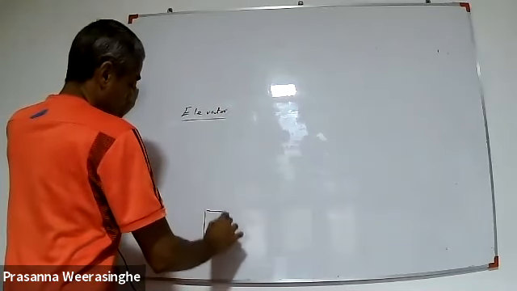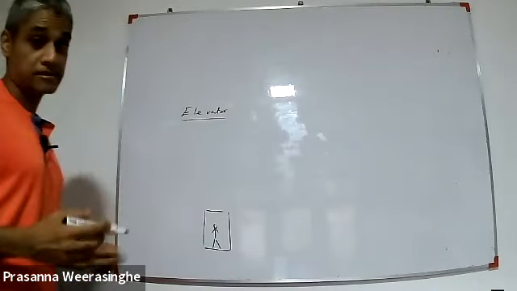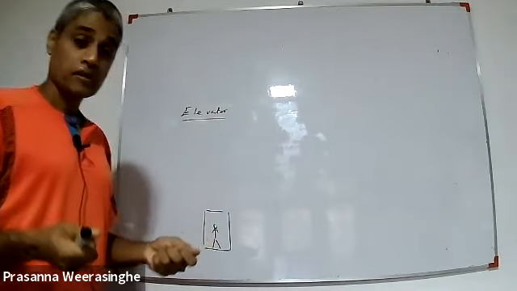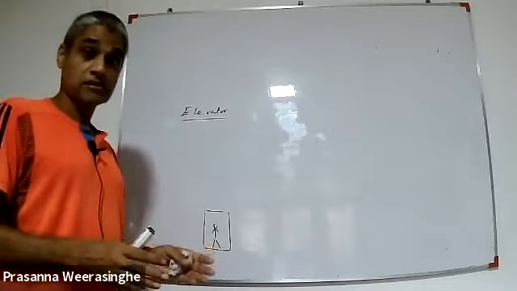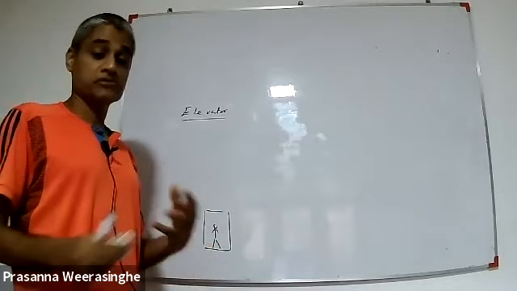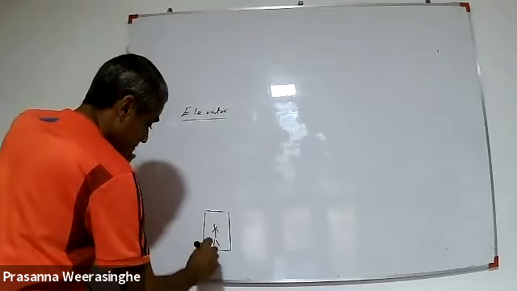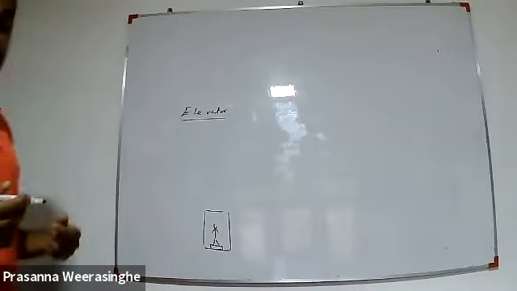So you're at the bottom here. The best thing to analyze this is to take a weighing scale and put it on the ground and stand on it and look at the changes. A weighing scale is also an interesting thing to discuss. So I'm going to say a weighing scale. You're inside the lift, you're standing on a weighing scale.